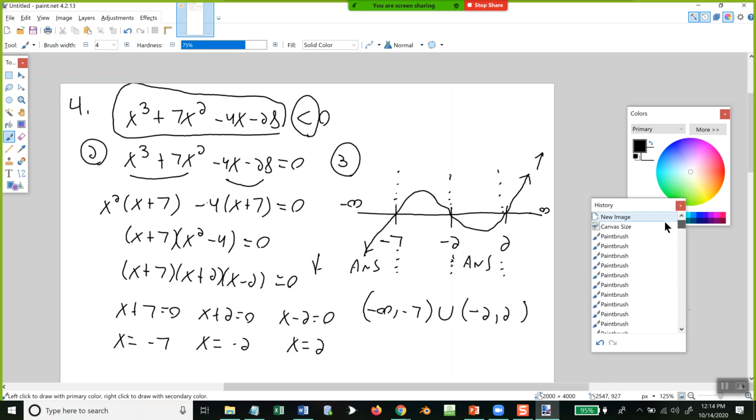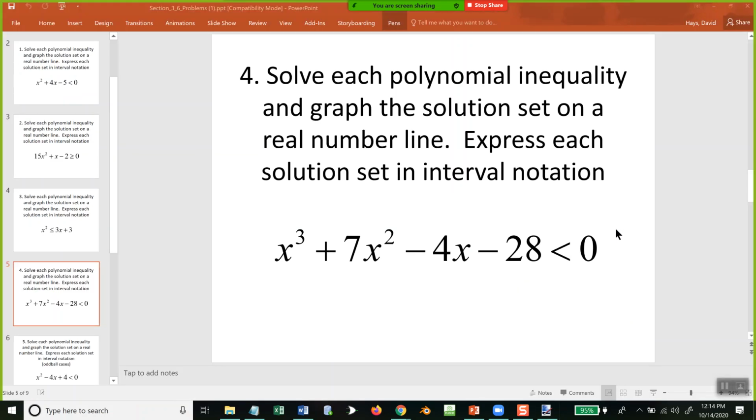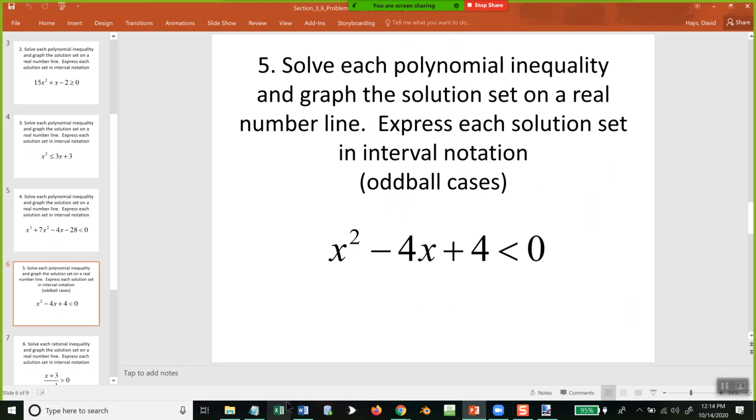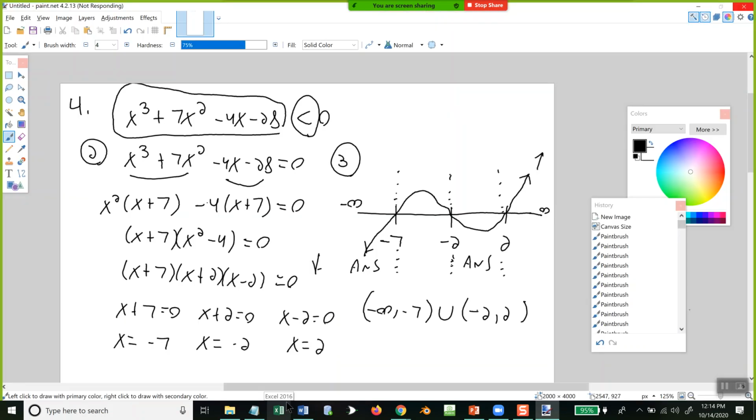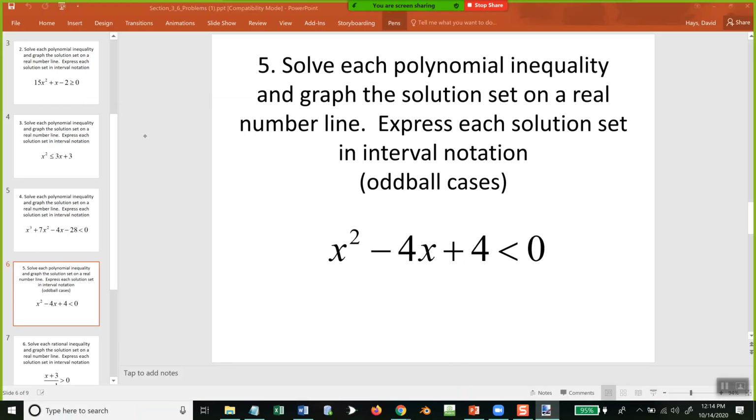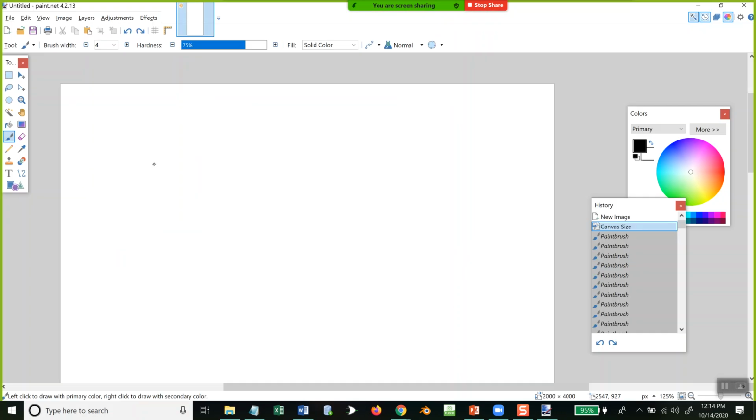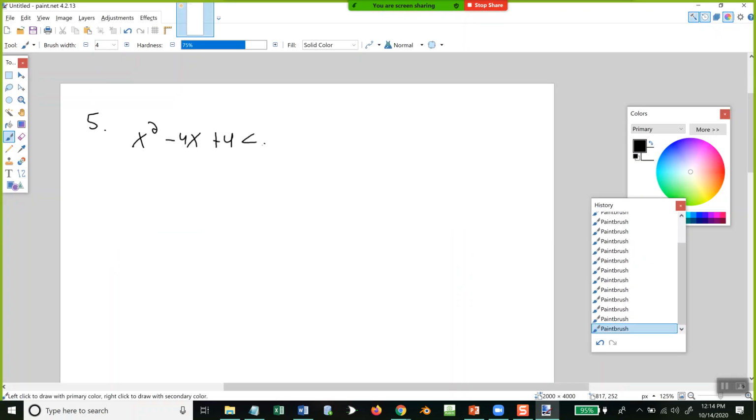One more polynomial. This is an oddball case. X squared minus 4x plus 4 less than 0.